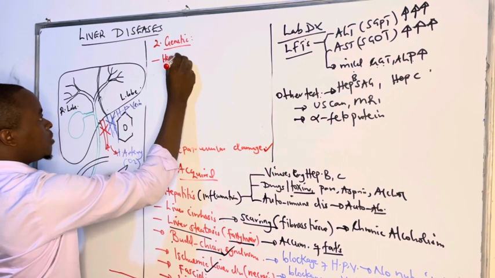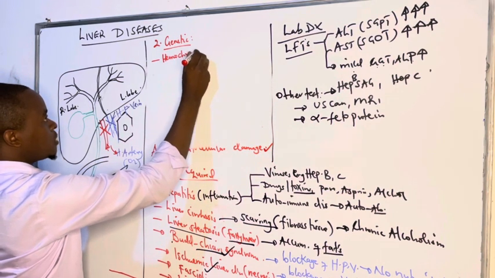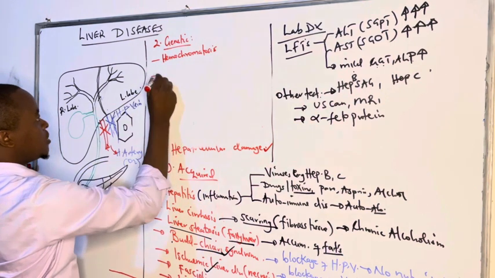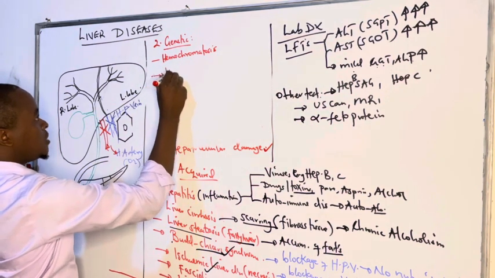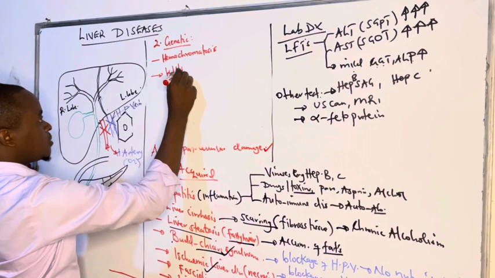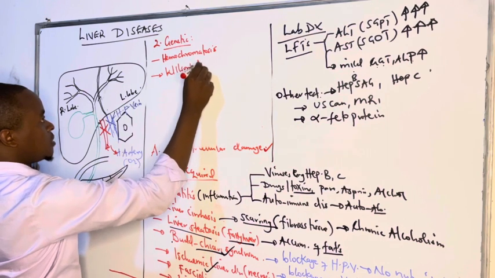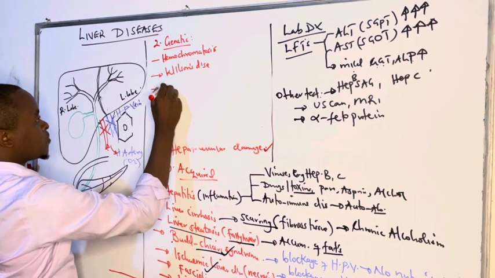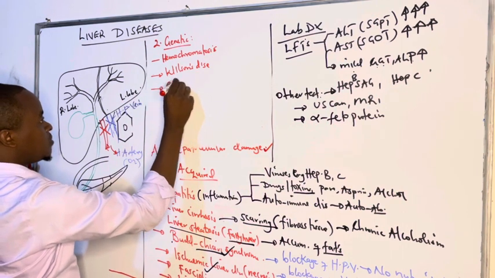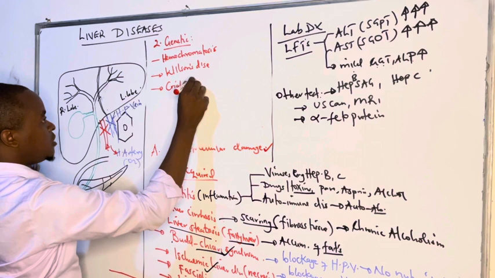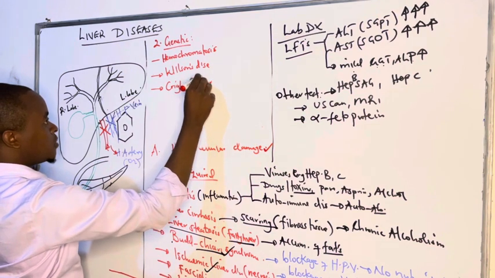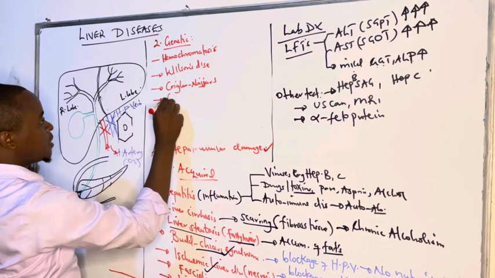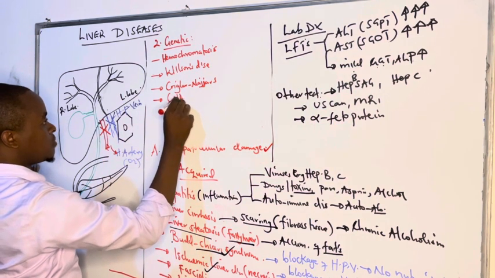Under this, we are going to see hemochromatosis. We are going to look at conditions like Wilson's disease. We can look at conditions like Crigler-Najjar syndrome. We are going to look at Gilbert's syndrome.